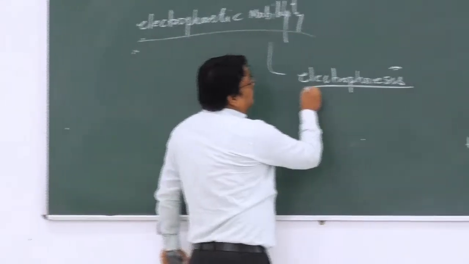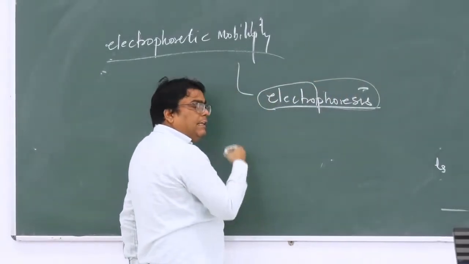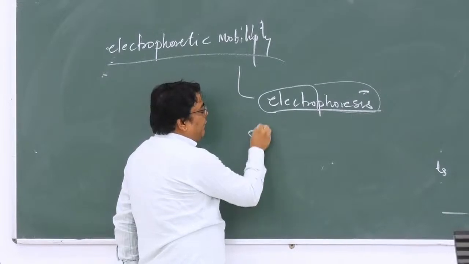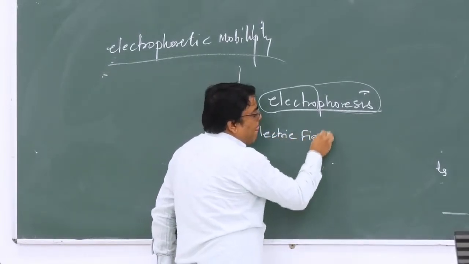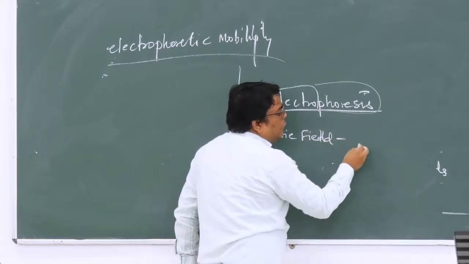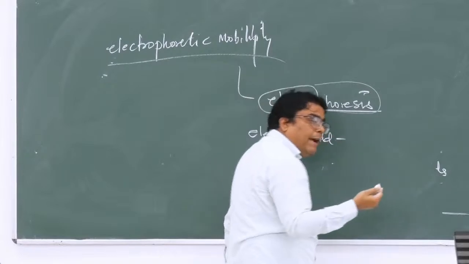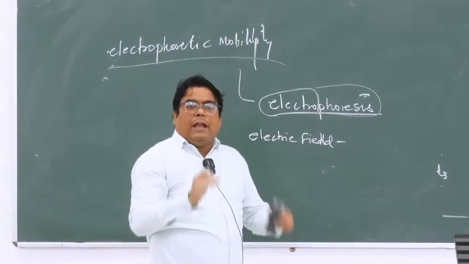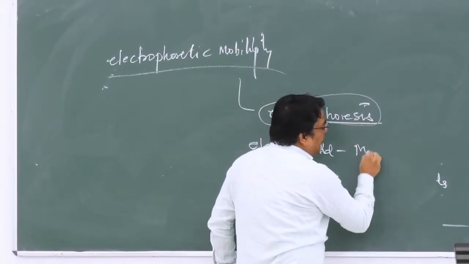When you break down the term electrophoresis, it means that by the passing of an electric field, there is a movement of a particular amino acid, hormone, or antigen in a particular gel. Phoresis means movement.